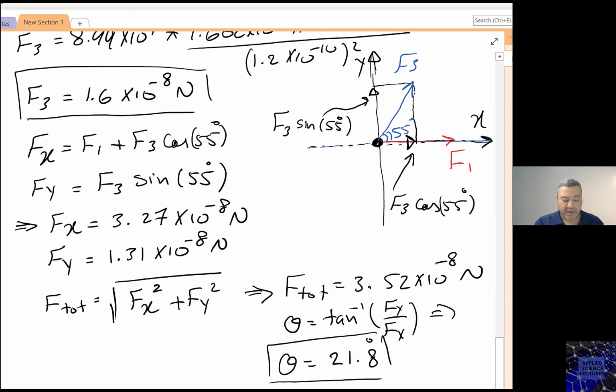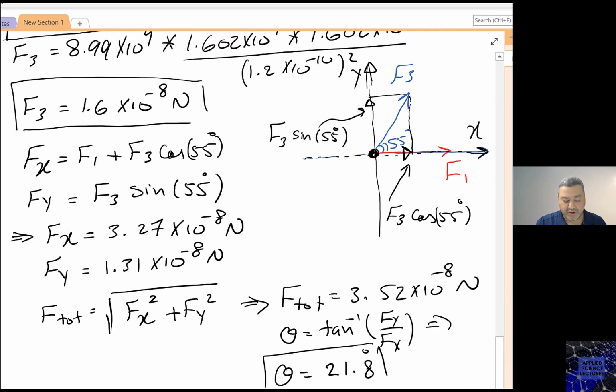Now let's look at that force. So again, this force is going to be due to the summation of those two components.